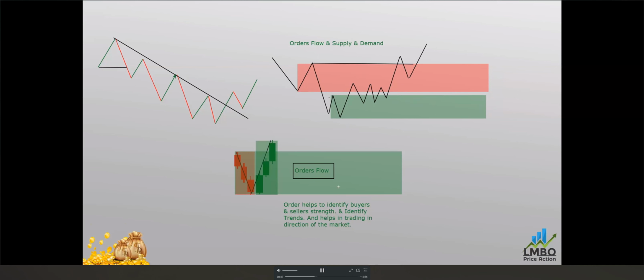Now come to supply and demand. We need to understand one point called the zigzag point. This is the basic structure of the market, where you have a high point, then a low point, then a lower high point, and then a lower low point. Or you can say we have 4 points, 1, 2, 3, 4.